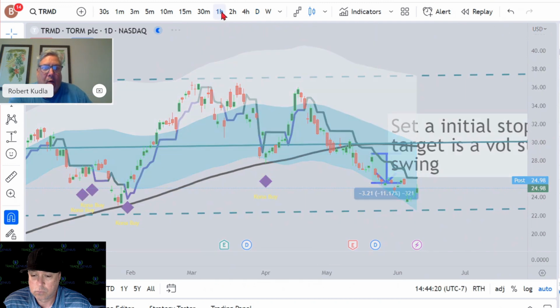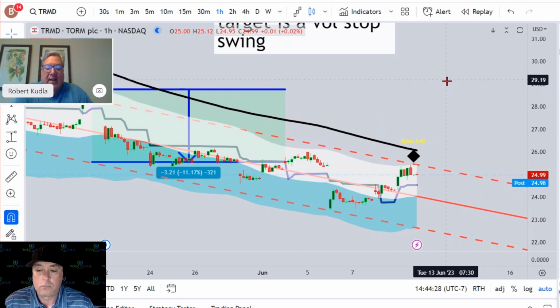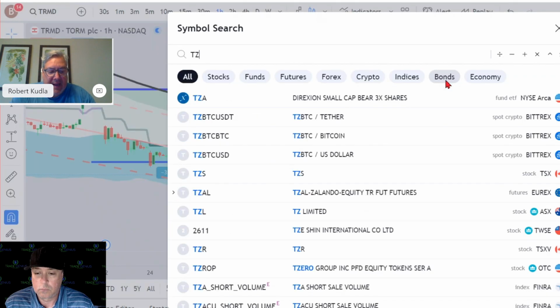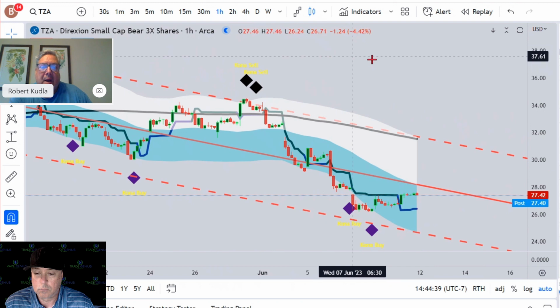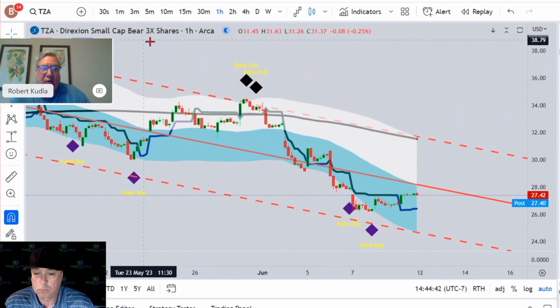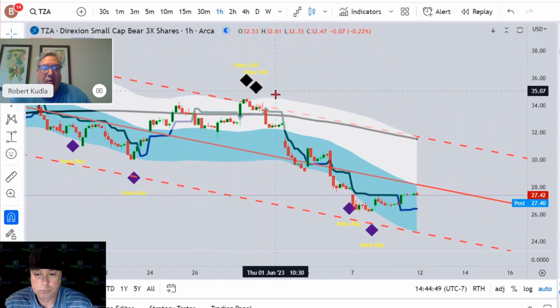So that's that one. And then the fourth one I want to show you is how we trade it with the leverage ETFs. If you take a look at TZA, TZA is the short of the small caps, the 3x bear. We like to buy puts on these ultras when it's downtrending and it hits the top of the Kona sell area here.